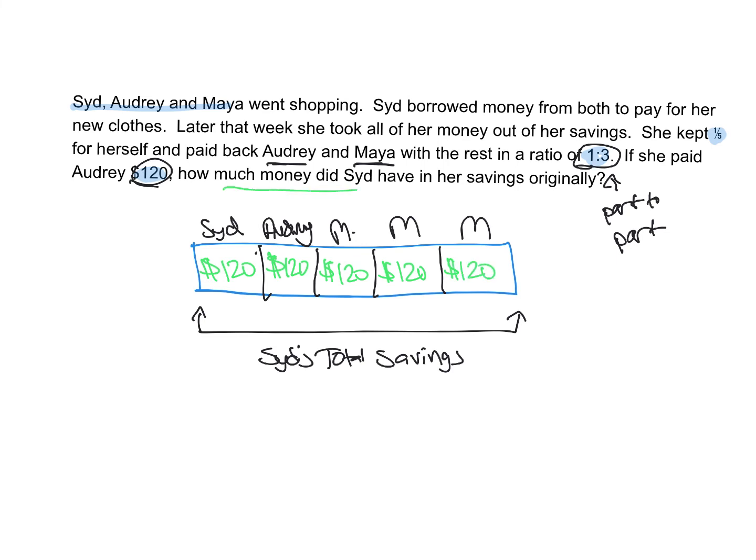The question is, how much money did Sid have in her savings originally? Her savings was split into 5 parts, each worth $120, so we would do 120 times 5, and that ends up equaling $600 that Sid had in her savings.